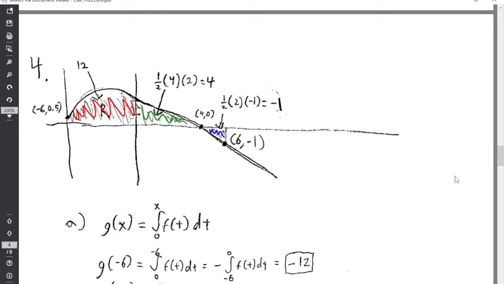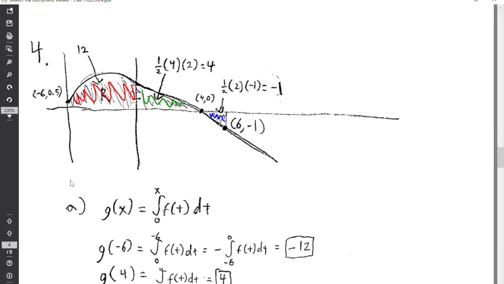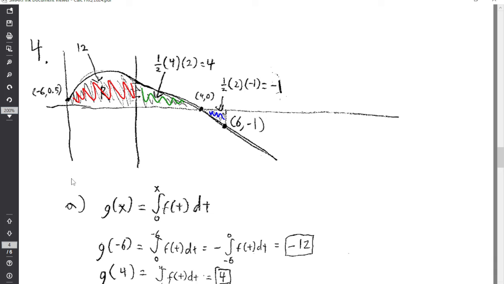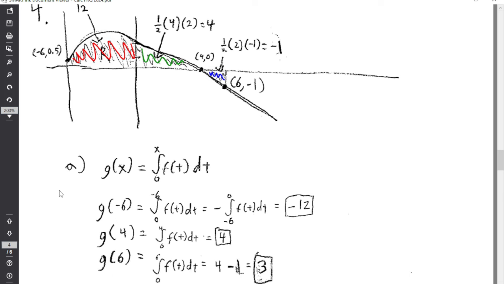So the negative integral from -6 to 0, that will give us negative, that area is 12. Then g of 4, integral from 0 to 4, well, that's just the area of the green triangle, which is 4. And then the integral from 0 to 6, well, we have the green triangle, but then we need to subtract away that blue triangle that had the area of 1 because it was below the x-axis, so that made it 3.